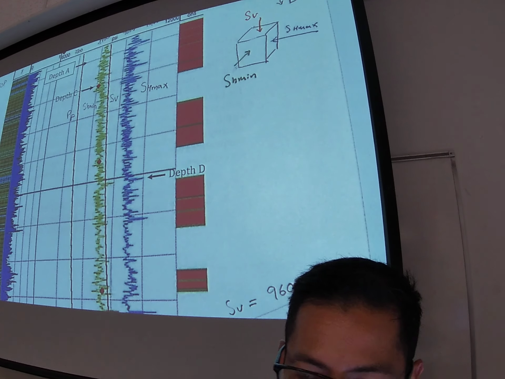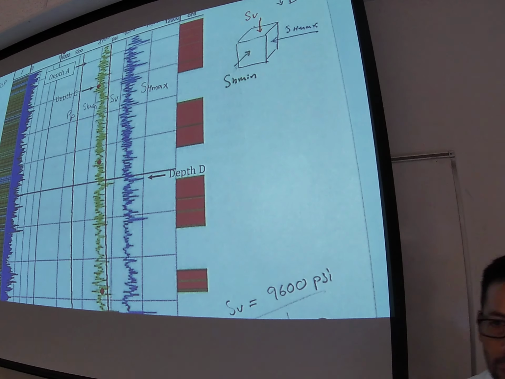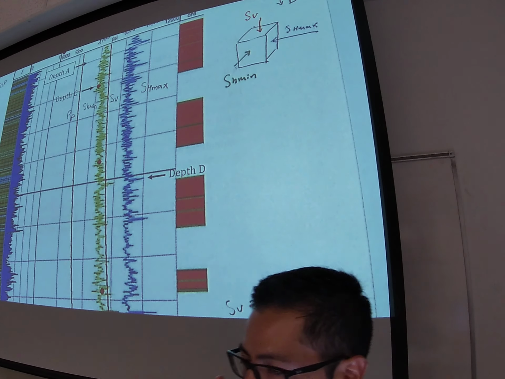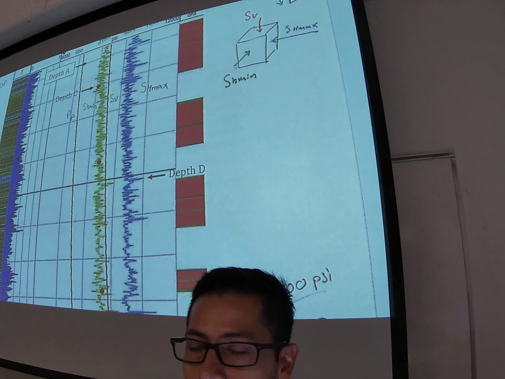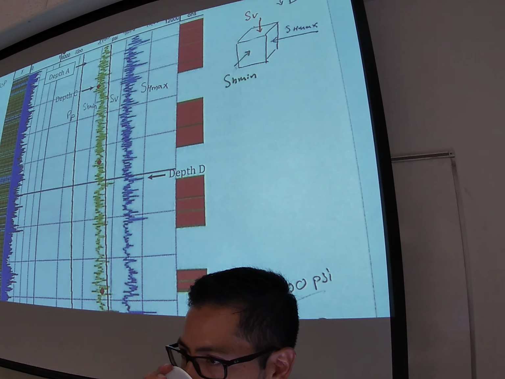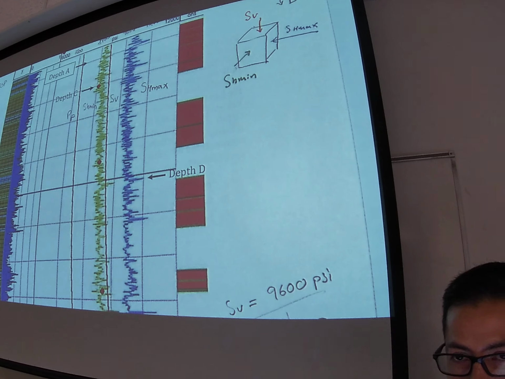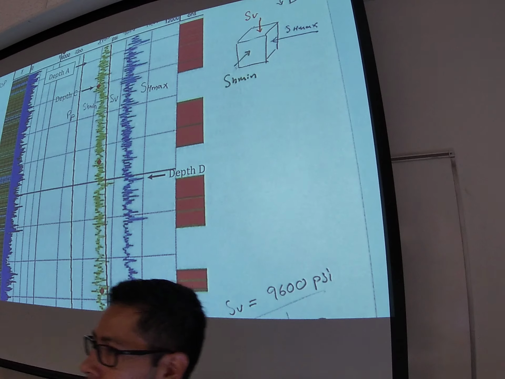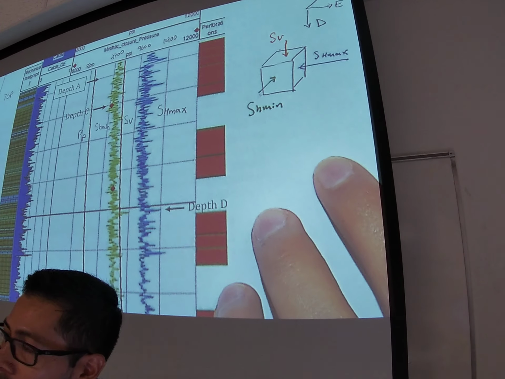Just an annoying question. So we said we have vertical stress due to the overburden, and then we have 2 horizontal stresses. Can I assume these horizontal stresses are perpendicular to each other? We're going to see in a bit what principal stresses are.